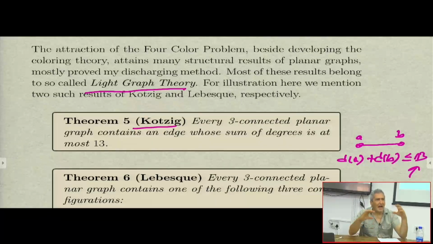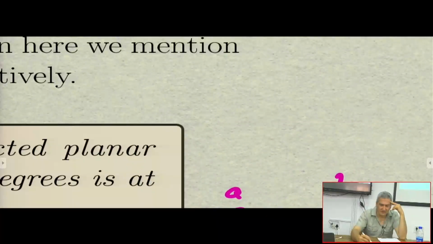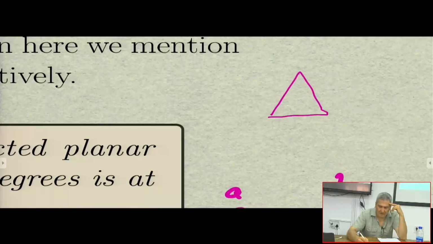If you take the icosahedron, do you know what is the icosahedron? It's like 12 vertices, all of degree 5, yes. The icosahedron looks like this. I will not draw it whole locally.